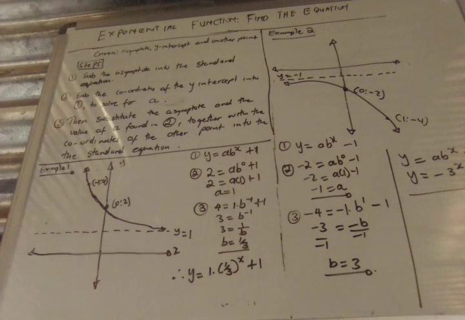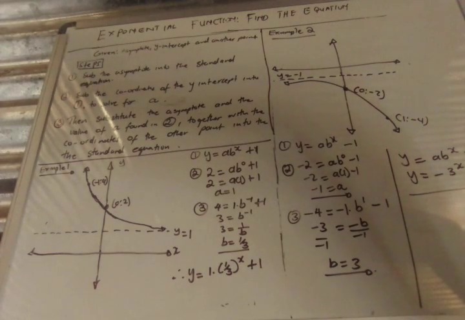Then you substitute the asymptote, the value of a that you calculated in the second step, and the coordinates of the other point into the standard equation in order to solve for b. So let's look at an example.